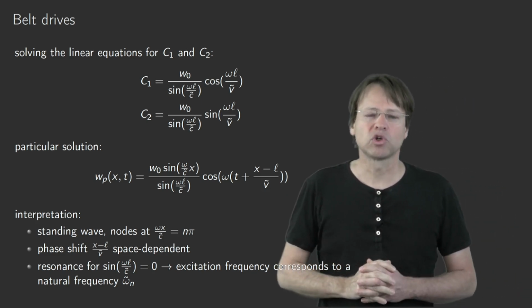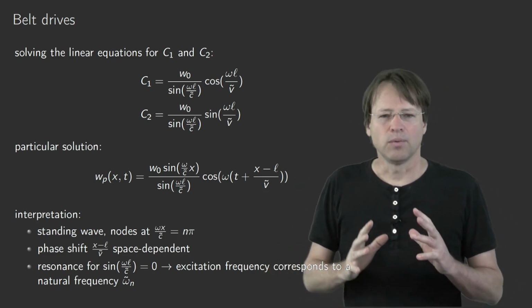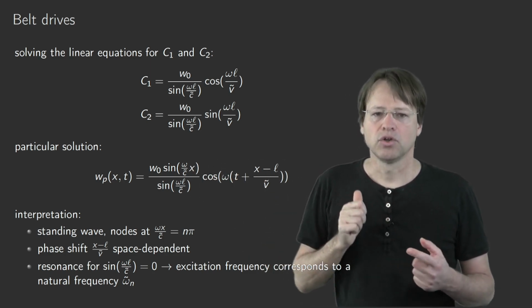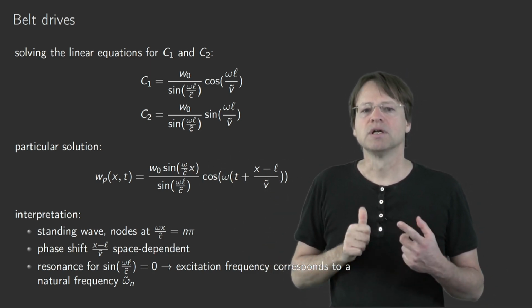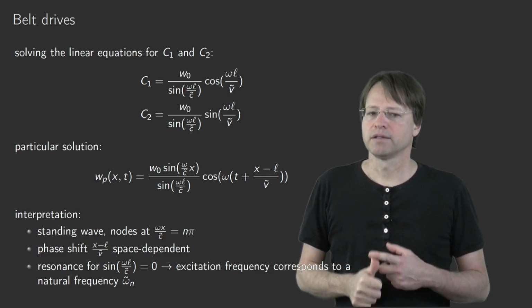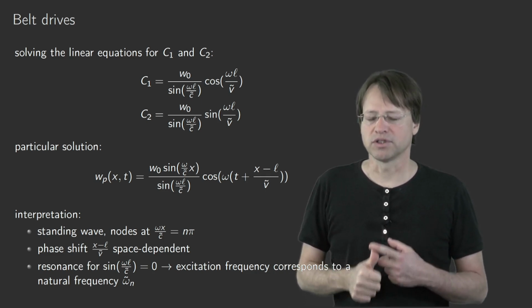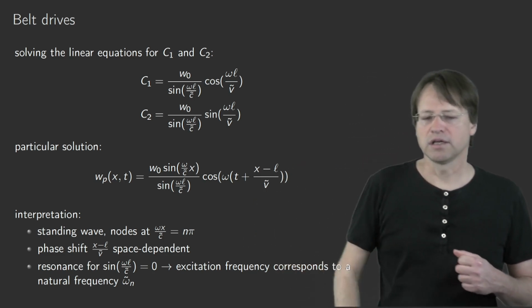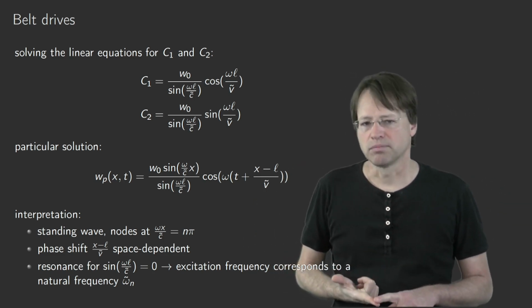And that's what I would like to show you. So when you look back at what you learned now on the belt drives, you have seen a general procedure how to obtain the solution according to Bernoulli separation. You need the following steps: solve the ordinary differential equation, adapt it to the boundary conditions.